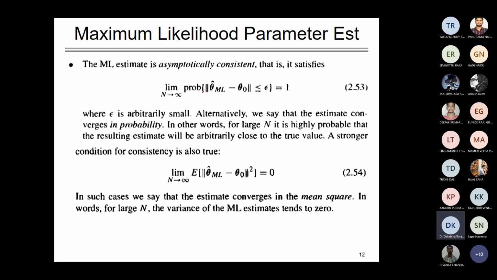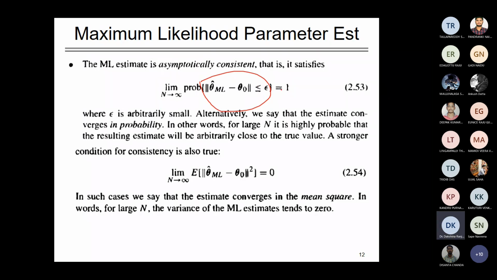So we get some probability over these deviations, and these deviations will be found to be less than or equal to epsilon, and this epsilon is arbitrarily small.